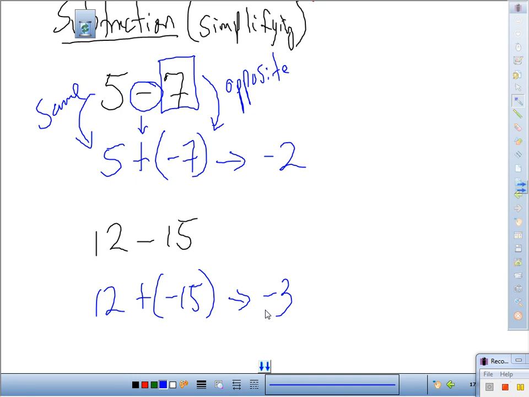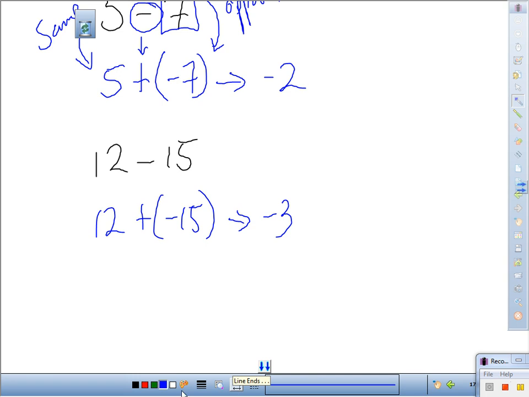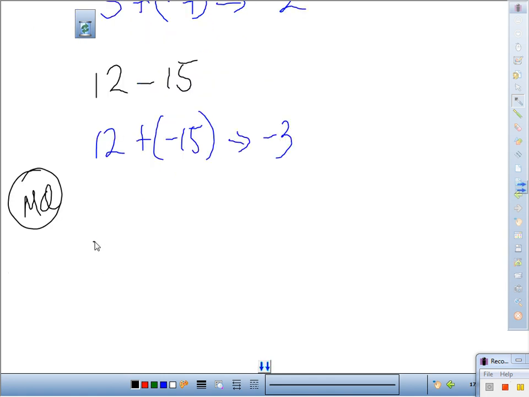Okay? All right. So now that we have that, let's crank it up a notch, yes? Let's go. Example, mega Q. Here we go. Let's do 3 minus 6 plus 5. Okay, go.